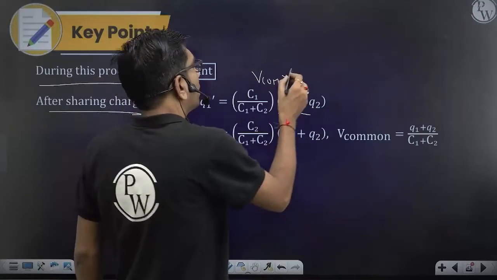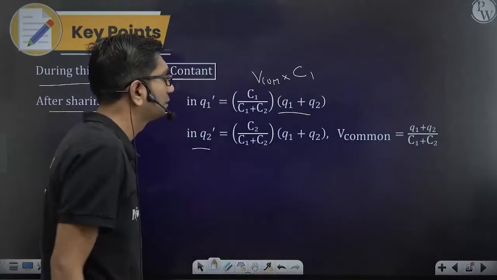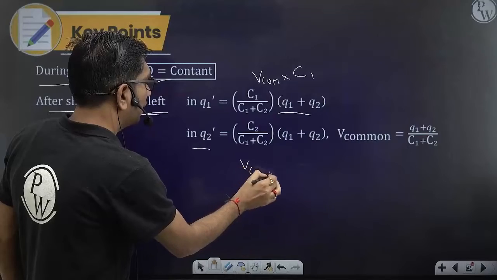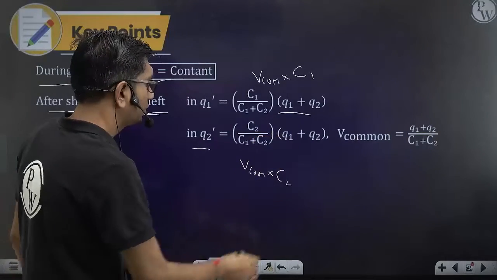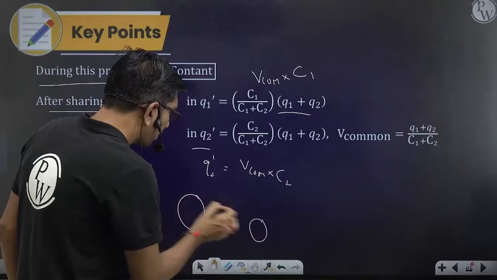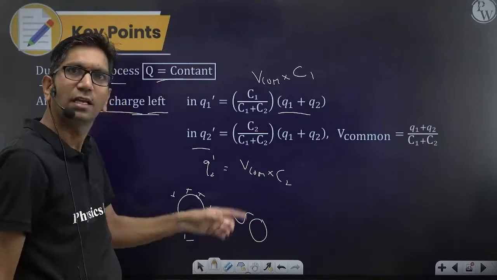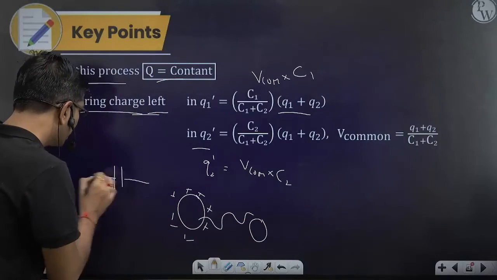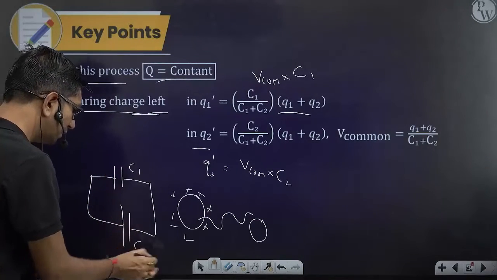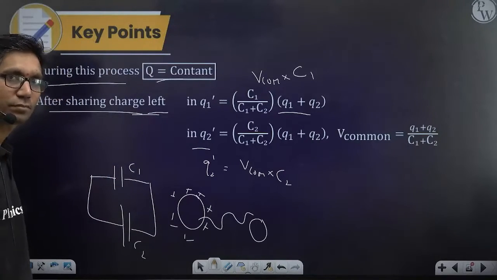I told you, V common potential into C1, and here V common potential into C2. Is it clear? Q2 dash. In the beginning I told you the same question, beta, two charged bodies, we solved it, na? In the same way, with this connection, here also the same thing. This is C1 and this is C2. What is the final charge left here? Is it clear?